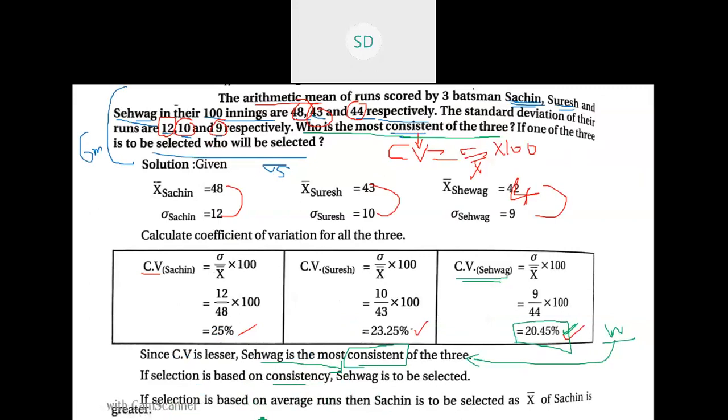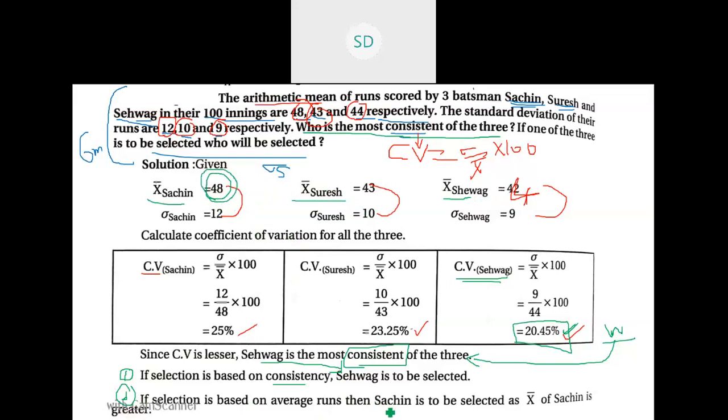Then if the selection is based on average runs, there are two things. The first was based on consistency. The second selection criterion is based on average runs. Now, average runs we have here for Sachin, Suresh and Sehwag. If you compare the numbers 48, 43, 44, based on the average runs you always have to consider the highest number.